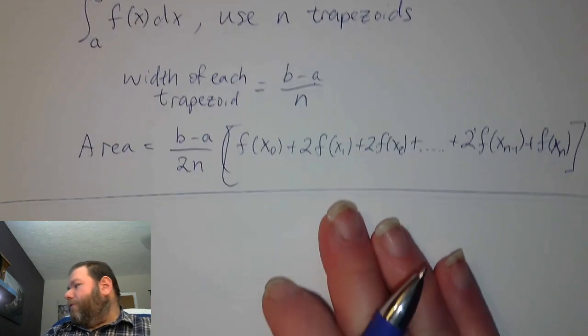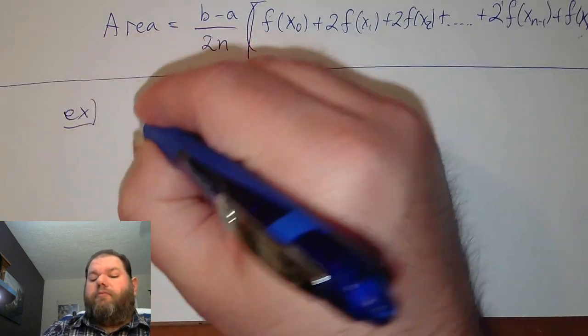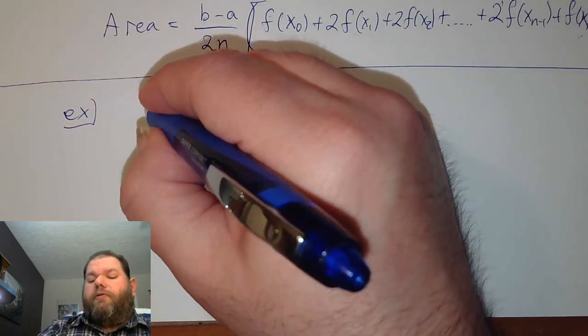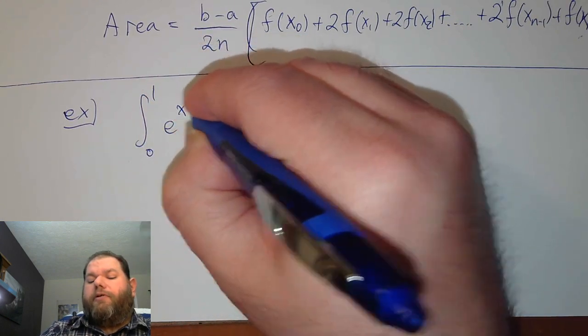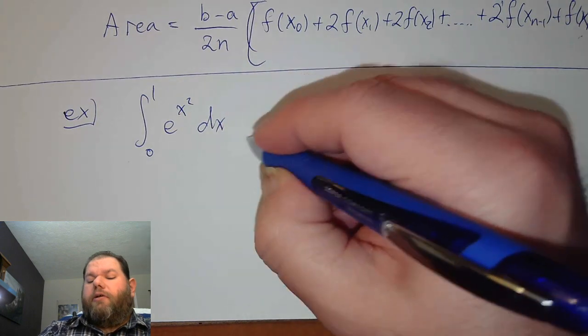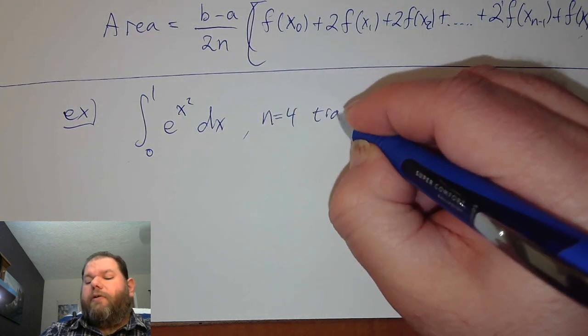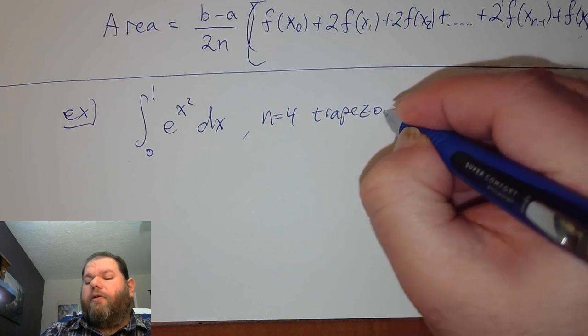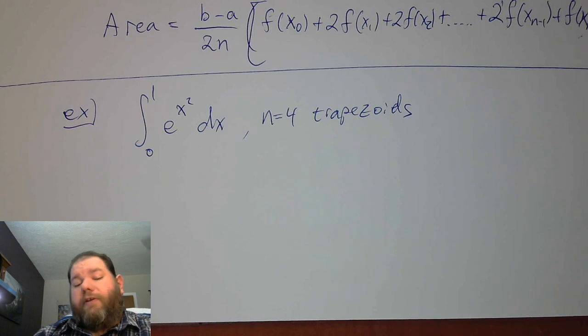For an example, we want to approximate the value of the integral from 0 to 1 of e to the x squared with n equals 4 trapezoids. Now, this is an example of an integral that we cannot actually integrate by hand.